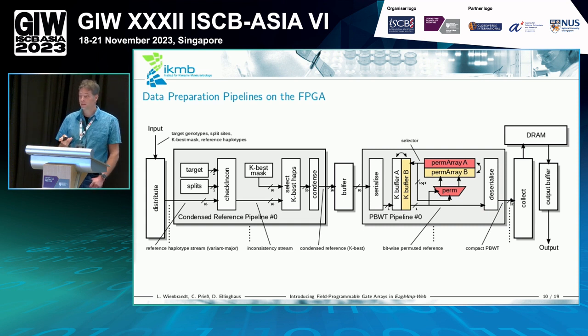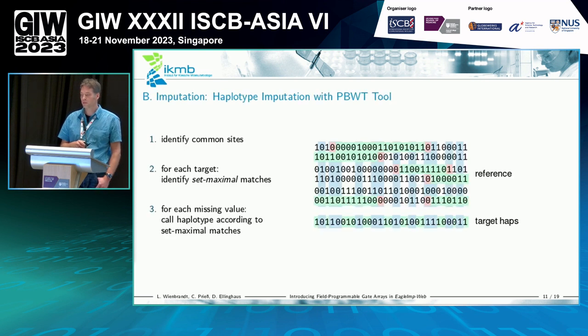And while we do that, we already generate the next permutation array for the next site, together with the first buffer being loaded again. So everything in parallel. Then we read out this data, buffer it and send it back to the host. So this slide is just to remember that we're not finished yet.